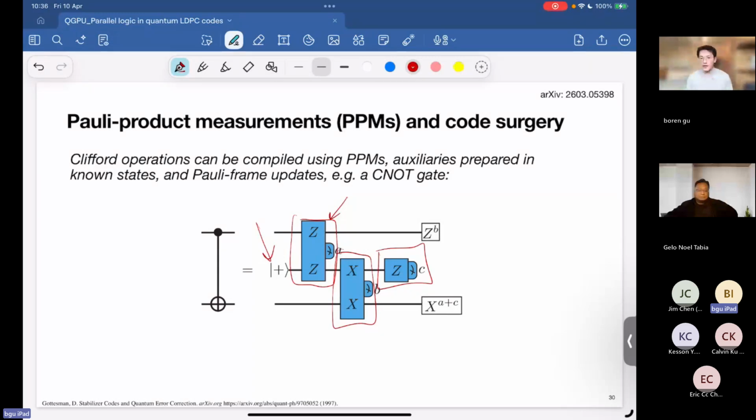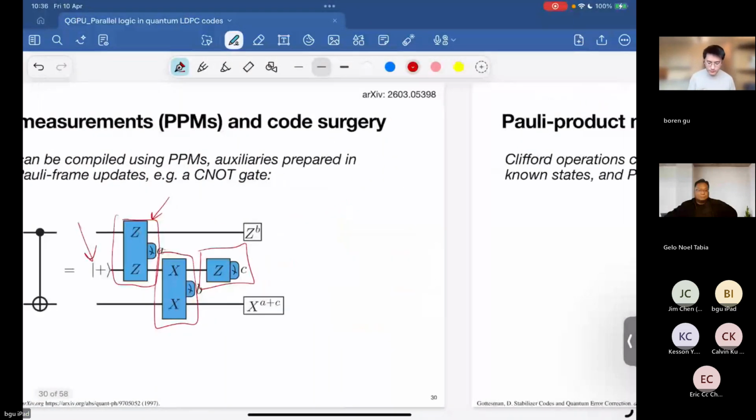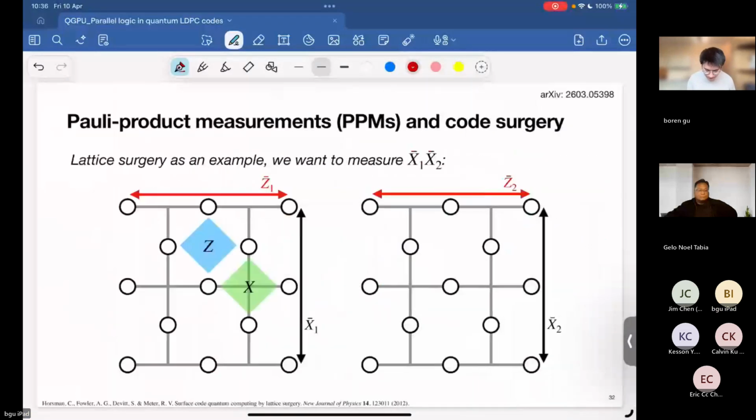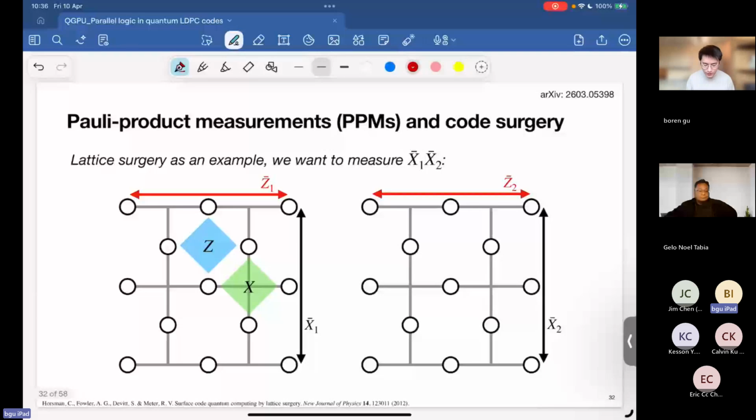And all those purposes can be realized with a single process, which we call code surgery. And lattice surgery is the first candidate of all these code surgery protocols for the surface code. So a quick recap.